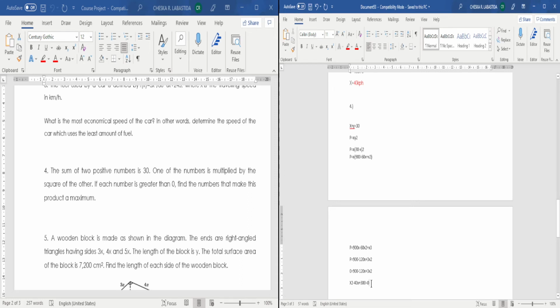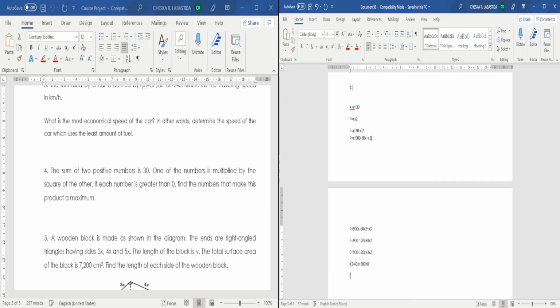Right now let's go ahead and factor this one. So x is equal to 30 and x is equal to 10. So the value of x should be 30 and also 10.